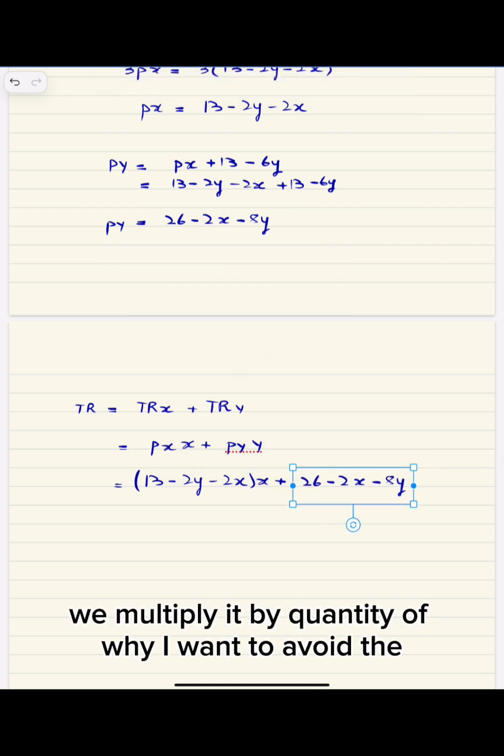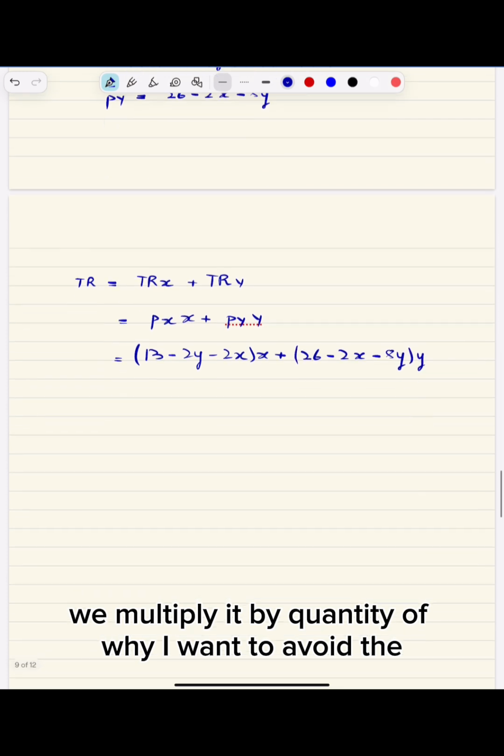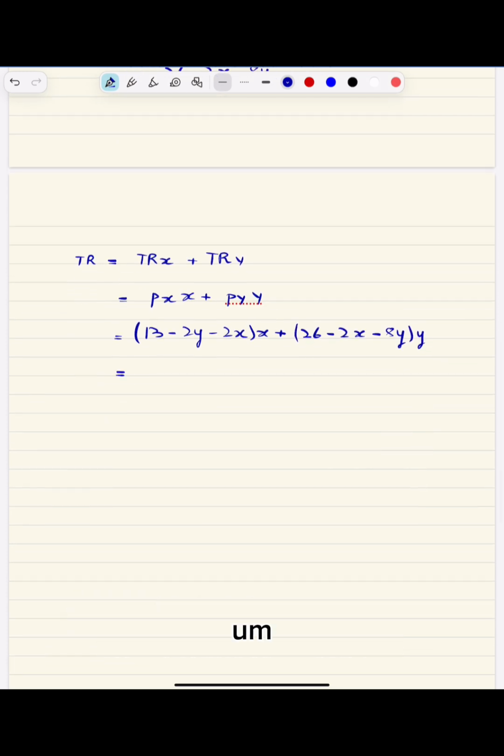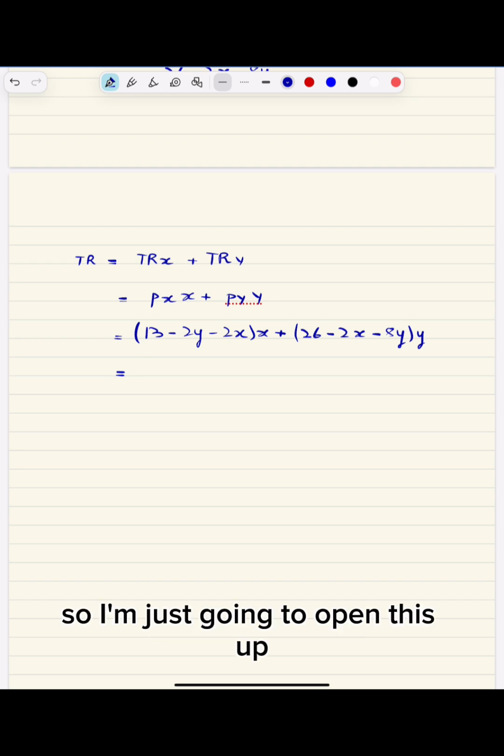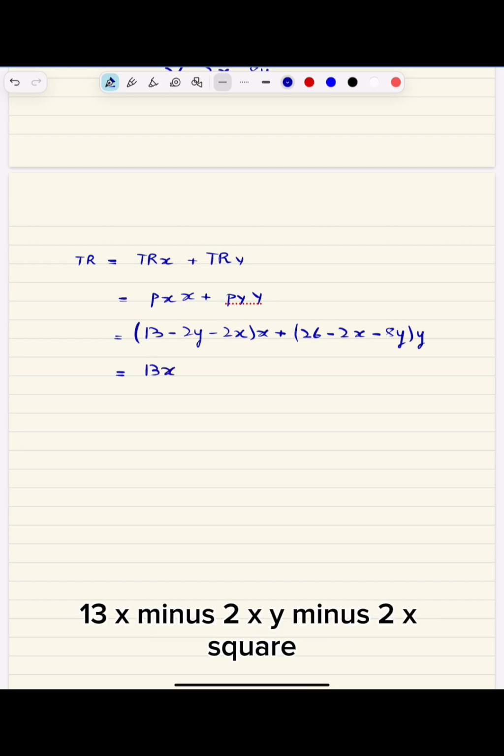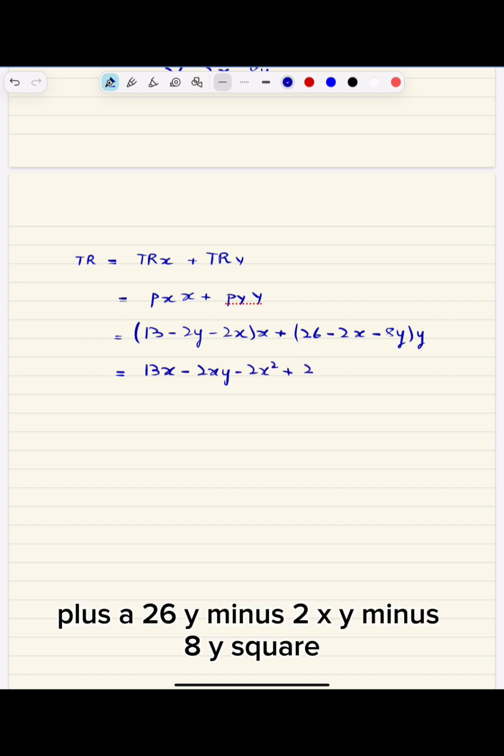We multiply it by quantity of y. I want to avoid the product rule, so I'm just going to open this up. 13x minus 2xy minus 2x squared plus 26y minus 2xy minus 8y squared.